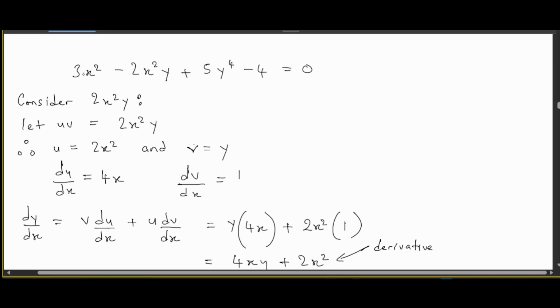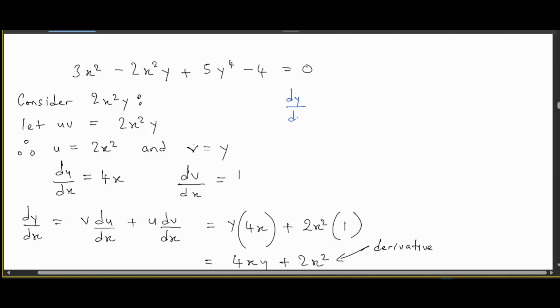When we want to differentiate this expression, we start with 3x squared. What is the derivative of 3x squared? Because basically we want to know what dy dx is.